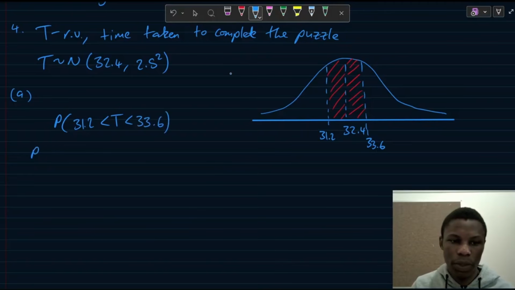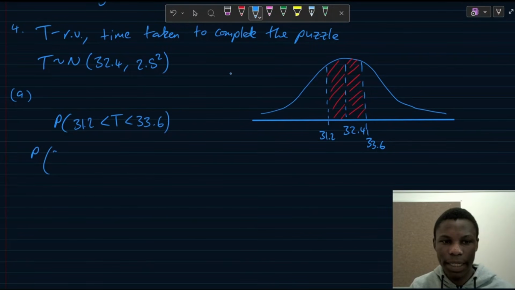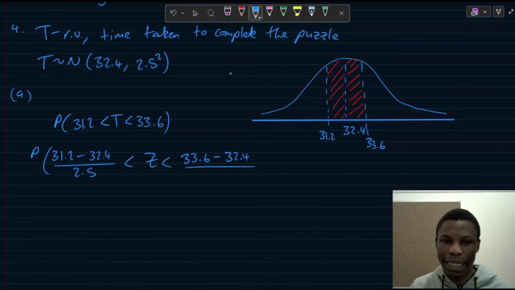Okay, and so we go ahead and standardize. So that's 31.2 minus the 32.4 divided by sigma, which is 2.5, is less than t, which becomes big Z, which is less than 33.6 minus the mean, which is 32.4, over our standard deviation 2.5.